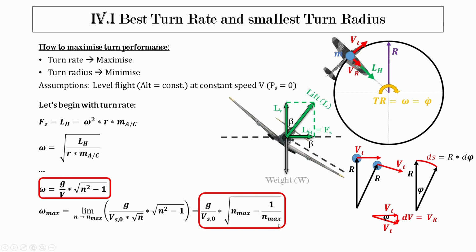So that makes sense because that would go to zero. Oops, sorry, that would go to zero, and that would go to infinity. So overall, that would be infinity. But our maximum is our n max.